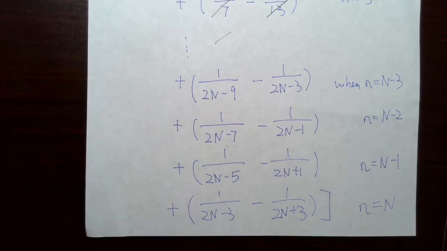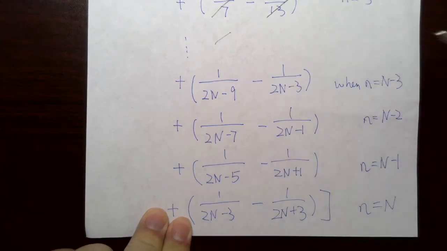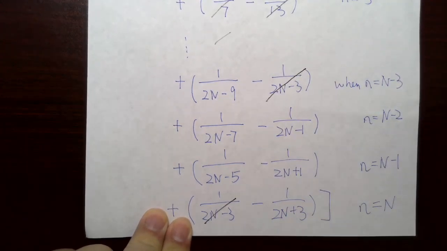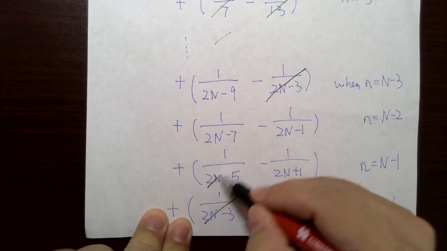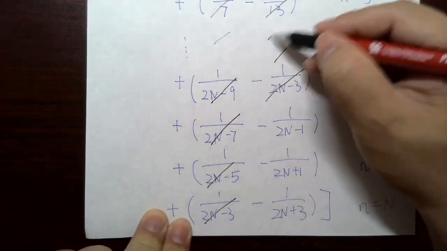Okay. So the idea here is, as you can see, this, after another 3 terms, can be cancelled, right? And this one also can be cancelled with the previous term. This one also can be cancelled with the previous term.